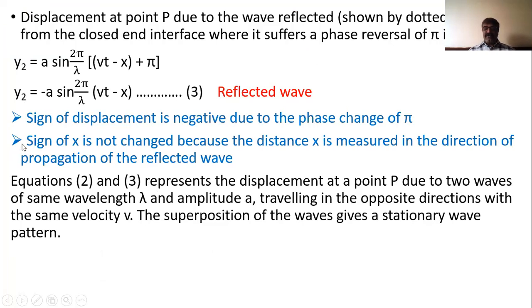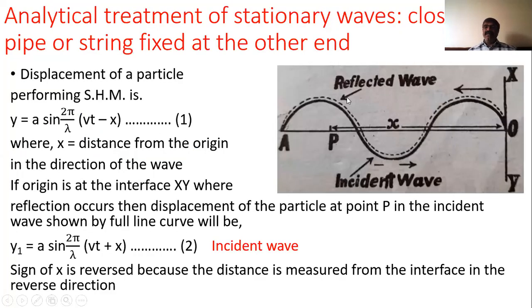These two wave trains along the medium, the solid incident wave and the reflected dotted wave, are there in the medium, and they have the same wavelength lambda, that means the same period and frequency, and the same amplitude a, and they are traveling exactly in the opposite direction.